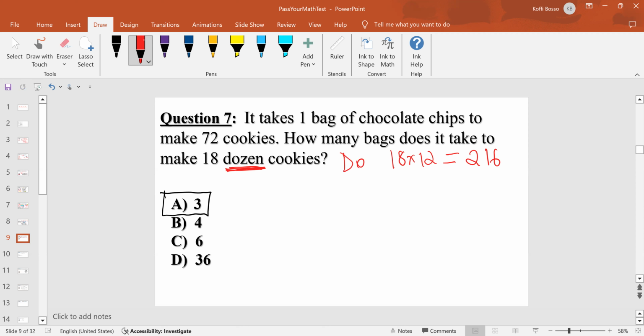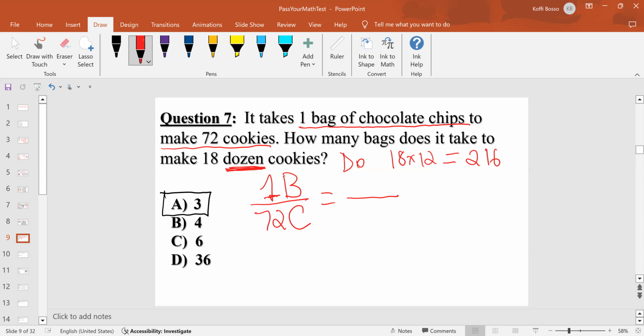Now, we're going to set a proportion. They say here, 1 bag of chocolate chips to make 72 cookies. So 1 bag to make what? 72 cookies. So this proportion we are making here will help us to solve for the number of bags.